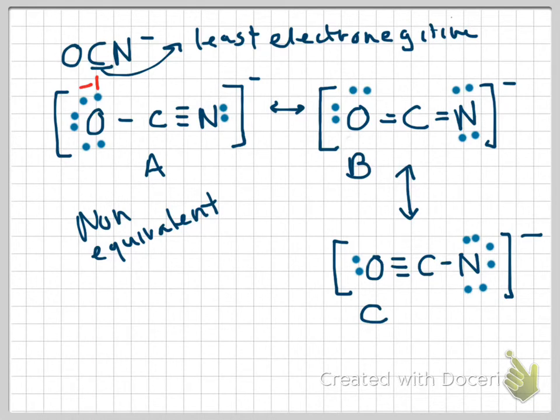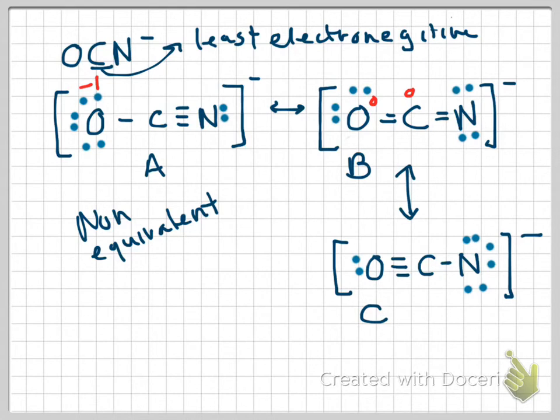If I look at structure B, the formal charge of oxygen, again, 6 valence, minus 2 bonds, minus 4 lone electrons is 0 on that oxygen. Carbon is still 4 minus 4, no lone pairs, still 0.